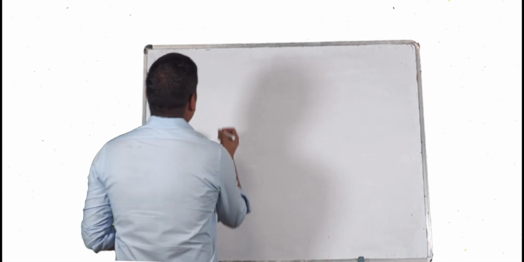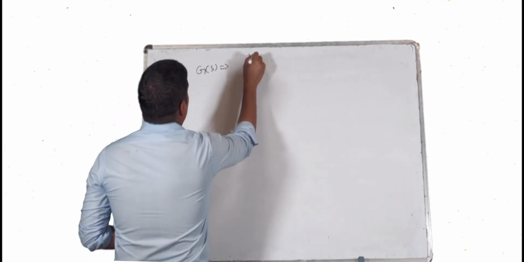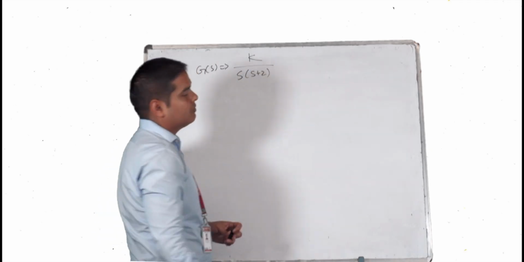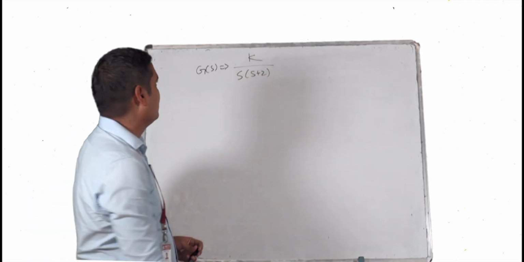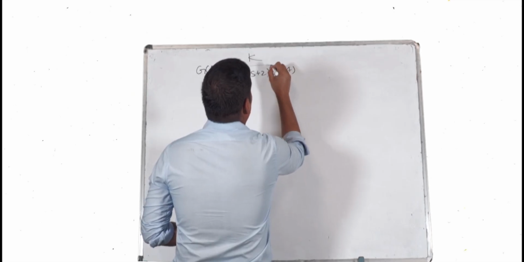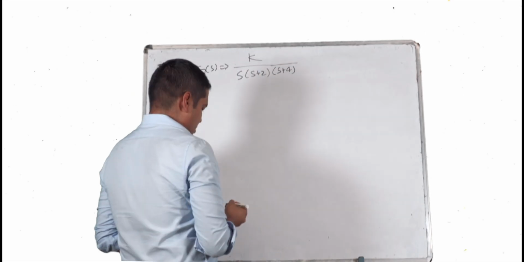So now the open loop transfer function, that is G(s), earlier it was K by s plus 2. Now we will add one more pole in the system, that will exist at minus 4.